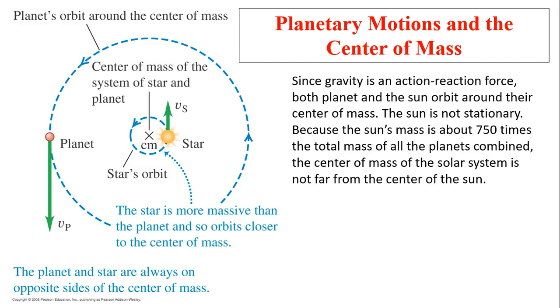But because the Sun's mass is about 750 times the total mass of all planets combined, the center of mass of the solar system is actually within the dimensions of the Sun. It's not in the center of the Sun, obviously, but within the Sun. So it's really, really close to the Sun.